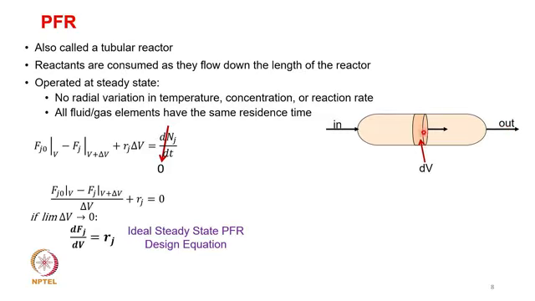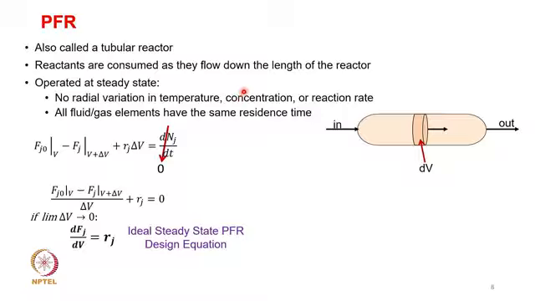To do a balance of the PFR, you will have to take an elemental volume. You define a small dV over which the reactor design equation holds, and you finally integrate.